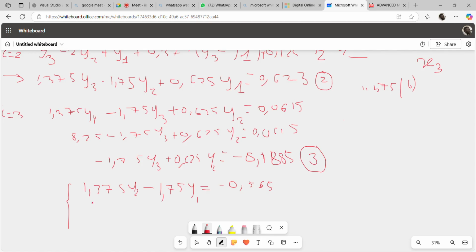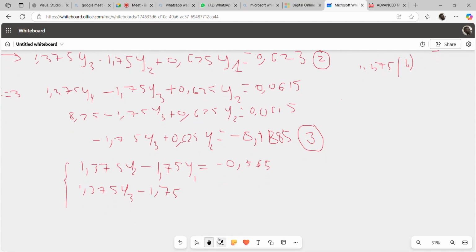Your equation 2 is, you have this one. You have 1,375 y3 minus 1,75. Please check for mistakes if we made one, but I don't think we did make any in our calculation.